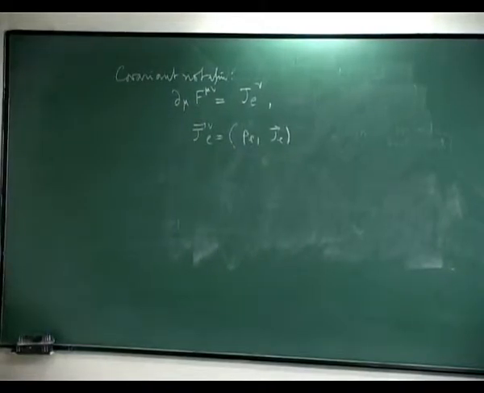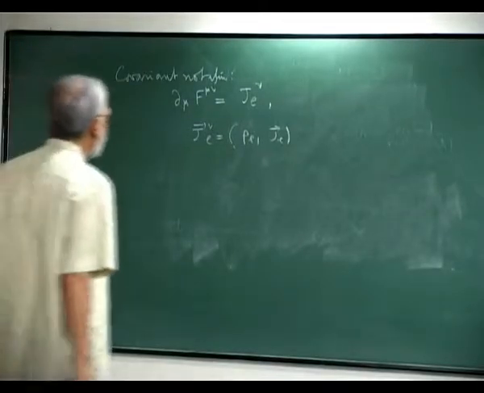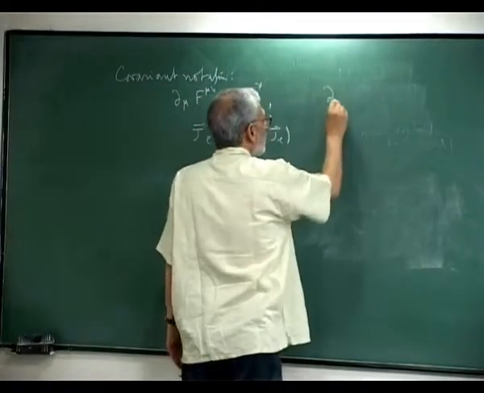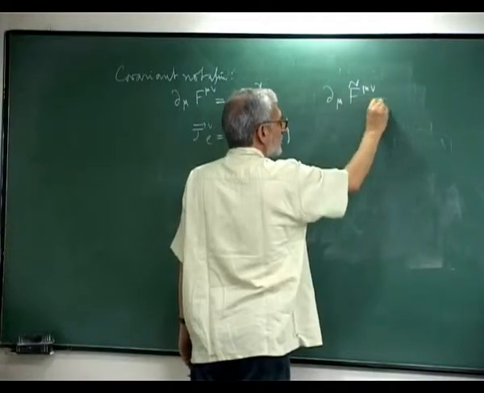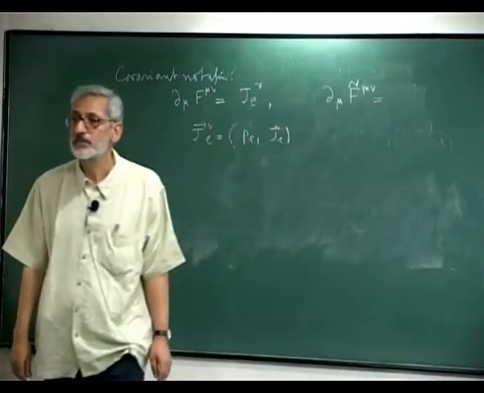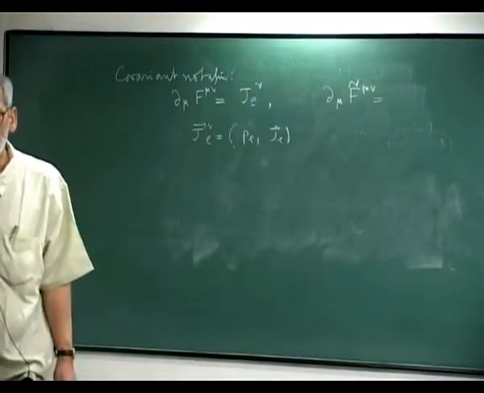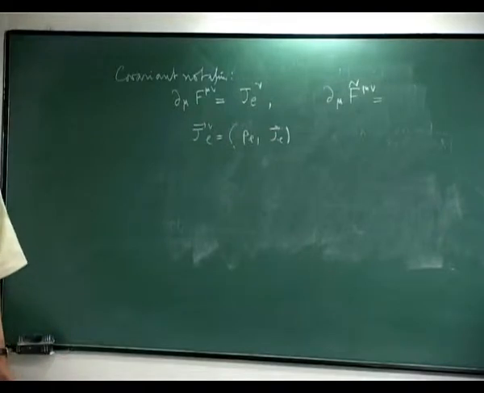We are working in natural units, c equal to 1, right? And then we had another equation for pure electromagnetism. This was 0. But now we have magnetic sources.